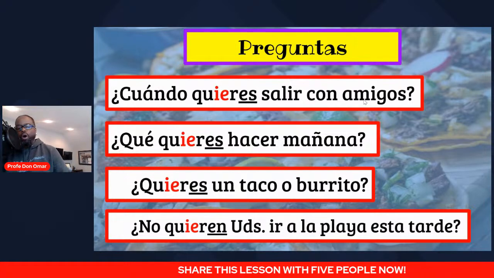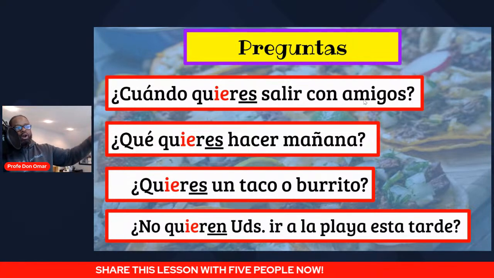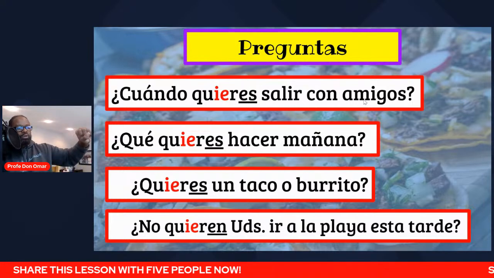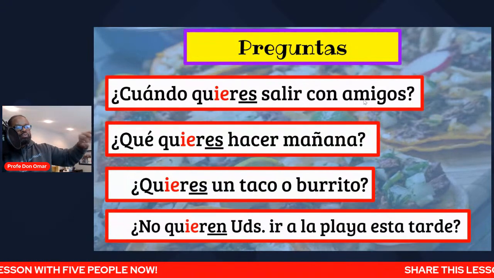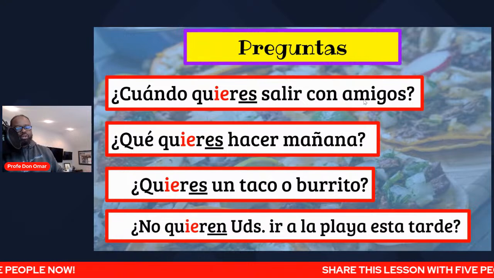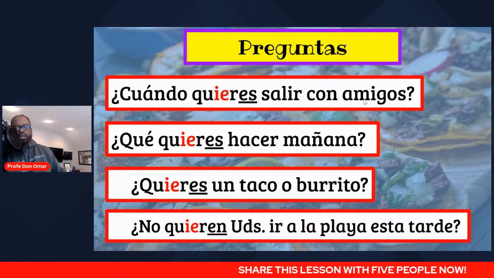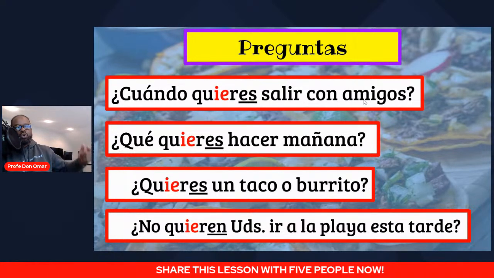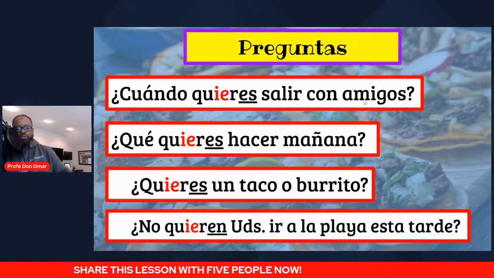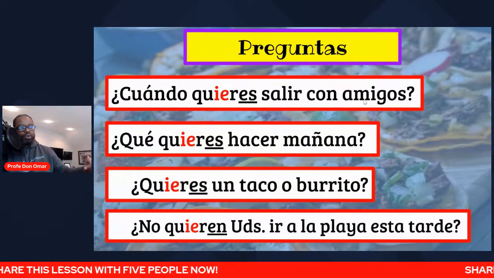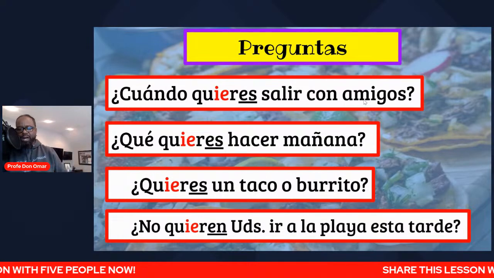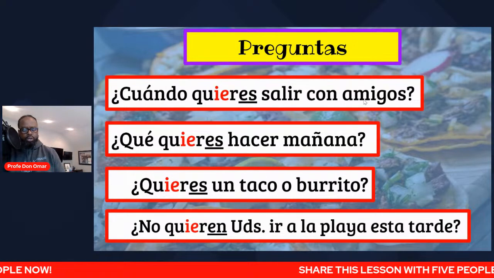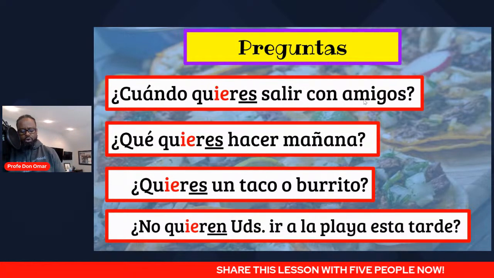So all of these questions are simple questions that we stacked in three of these. One we just used without an opportunity to stack. But ¿cuándo quieres salir con amigos? When do you want to go out with friends? When do you want to hang out with friends? ¿Qué quieres hacer mañana? What do you want to do tomorrow?